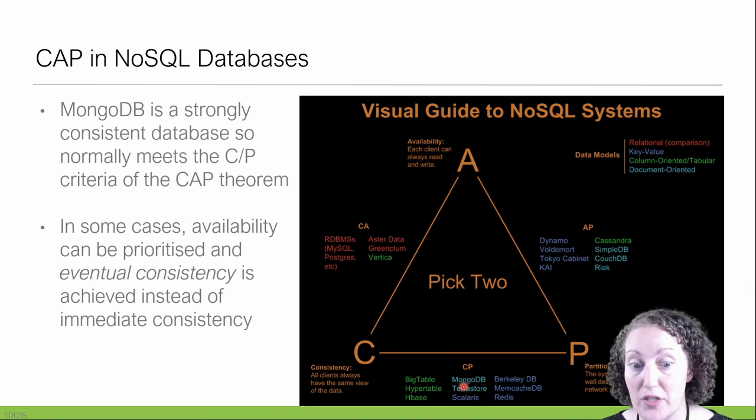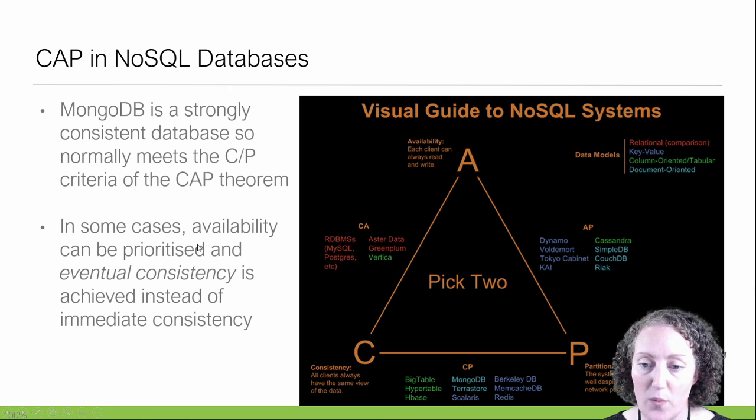And you can see MongoDB is one of those. Okay, so it's strongly consistent. It prioritizes replicating updates as fast as it can, but in some cases availability can be prioritized and it goes for eventual consistency instead of immediate consistency. So that depends on your settings for your replica set in MongoDB.